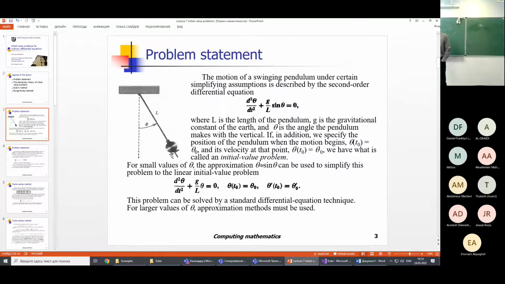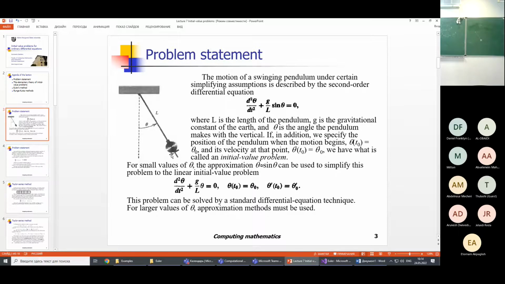Well, suppose that we have a pendulum. The length is fixed. And suppose that I take this pendulum and I free it.